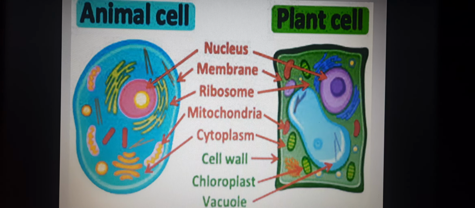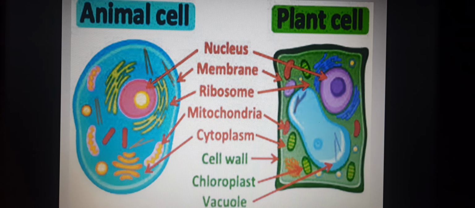These are the differences between the animal cell and plant cell. You see, in the animal cell there is a cell membrane, but there is no cell wall. But in the plant cell there is a cell wall, and in addition to the cell wall there is a cell membrane.